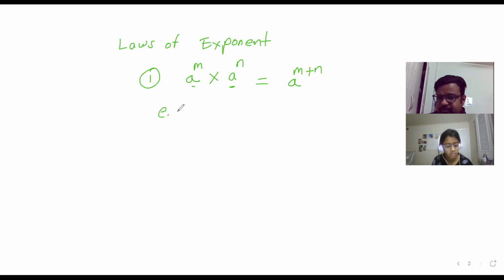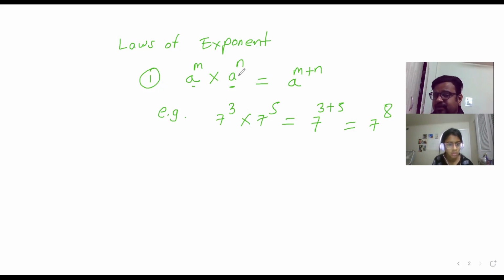Example: 7 raised to 3 times 7 raised to 5. You take 7 once and add the powers 3 plus 5, so it becomes 7 raised to 8. If the base is the same and multiplication is there between the exponents, then the base is taken once and the power is added.